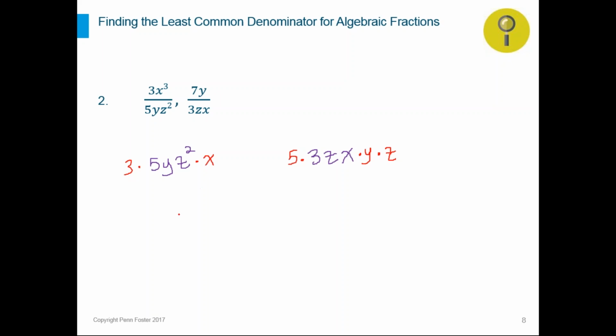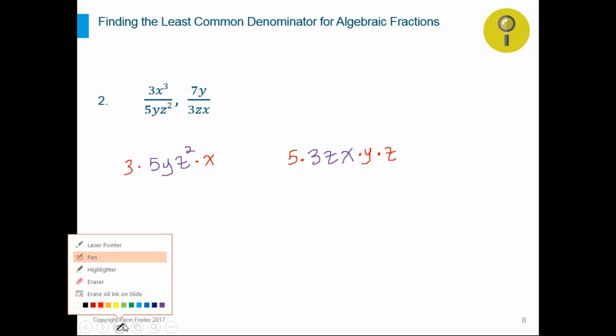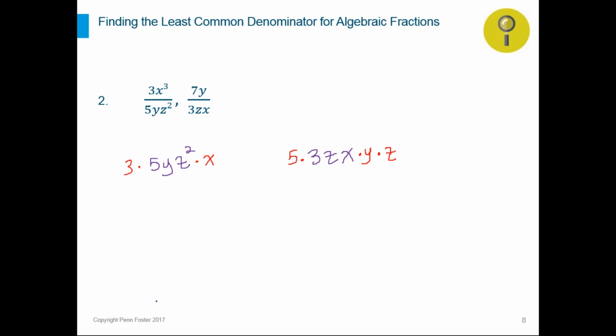Now rewrite the denominators after we have used 3x as a factor for the first denominator and 5yz as a factor for the second denominator, and see if they match. So 3 times 5 is 15, and then I have y z to the second x. That's the denominator so far.